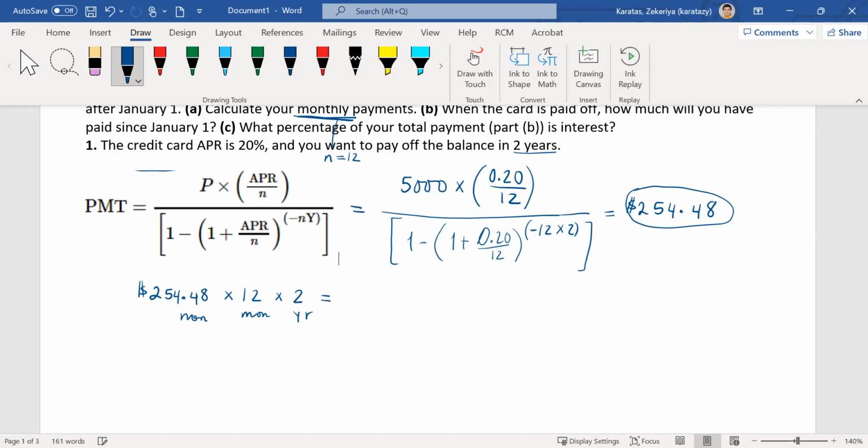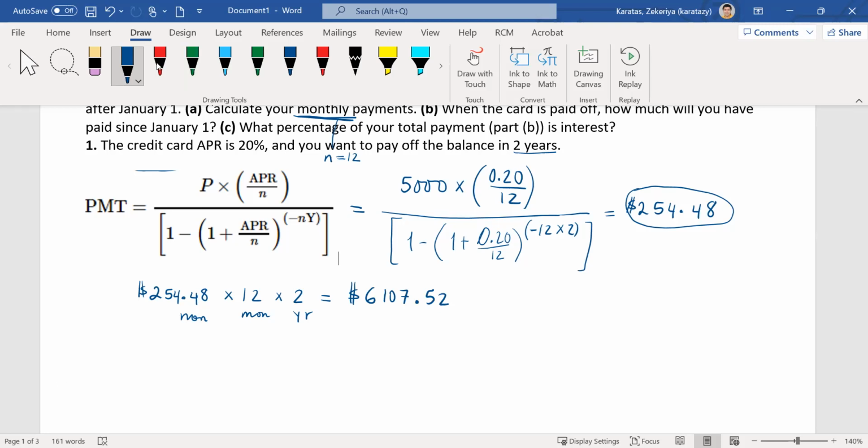If you calculate this, you're going to get the answer to be 6,107.52. So this is how much you pay at the end of this term, 2 years.